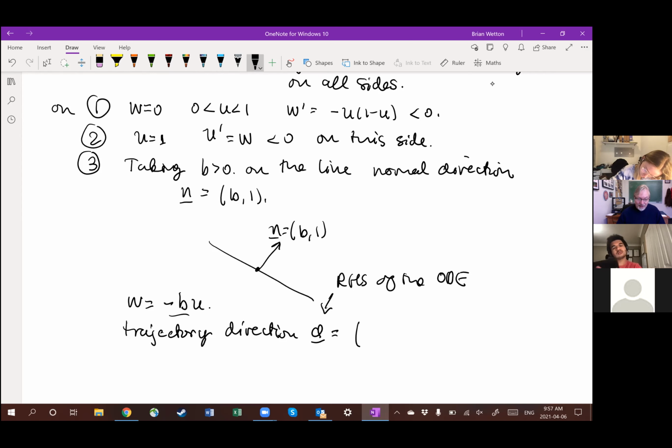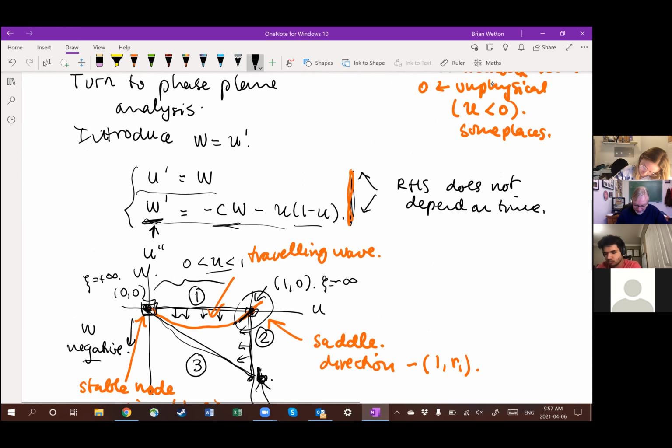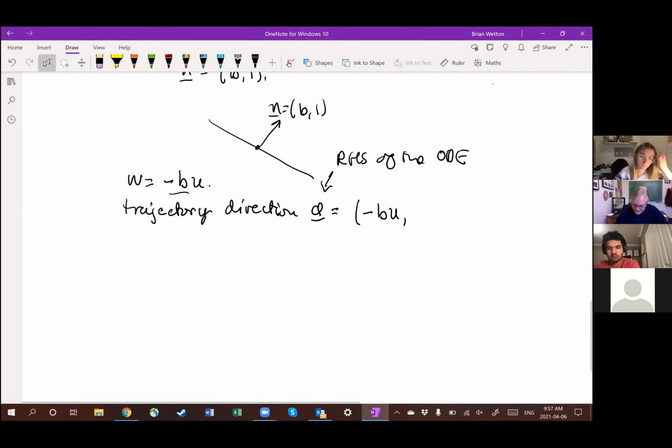Well, U prime is W, so if W is minus B times U, then I get minus B times U, right? And the other right-hand side is this one, and if W is minus B times U, then this is CB u, and then I've got minus u plus u squared.